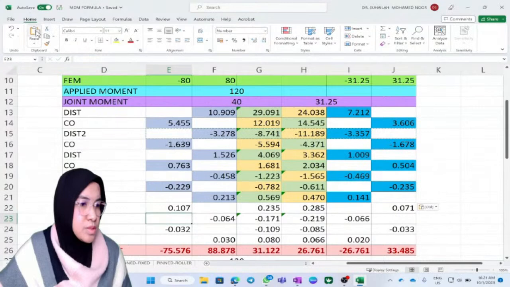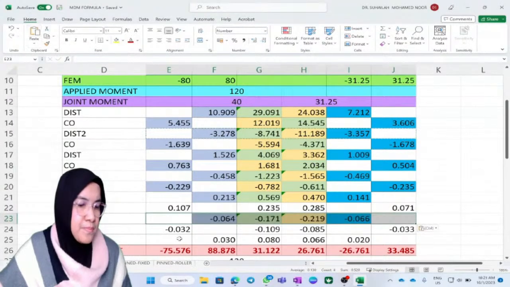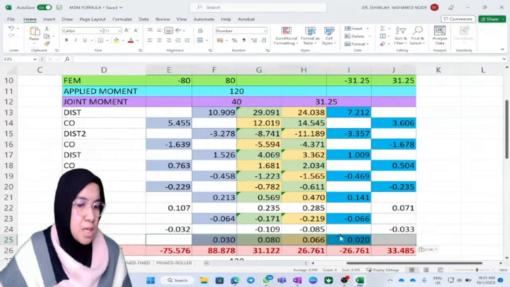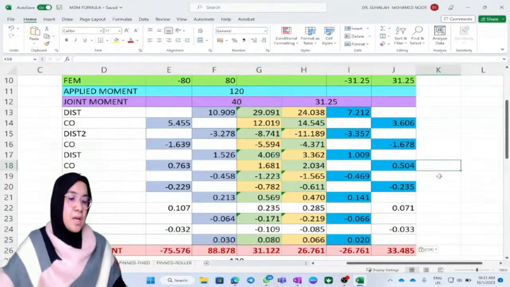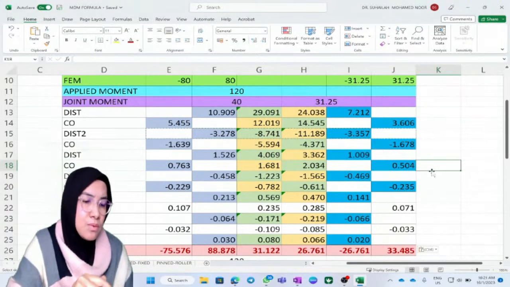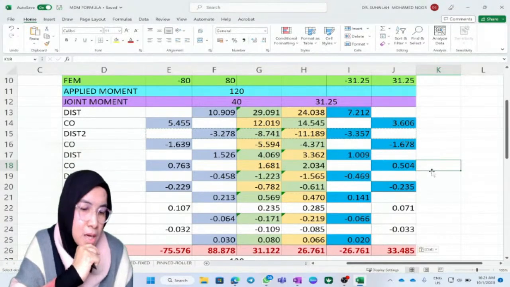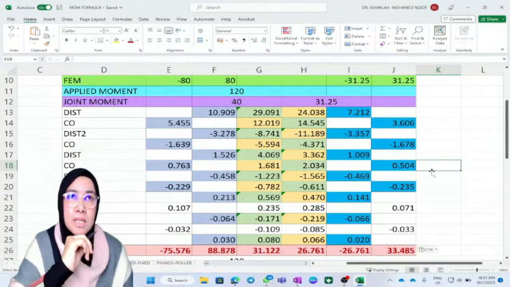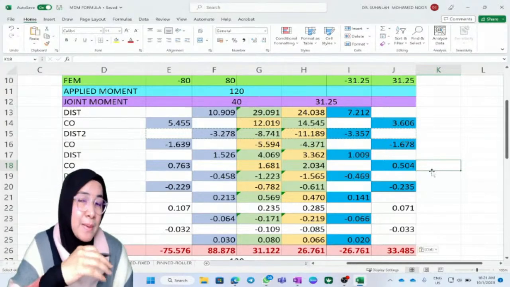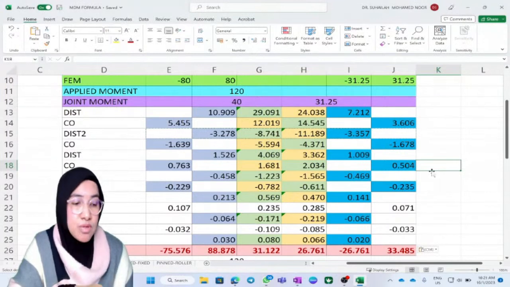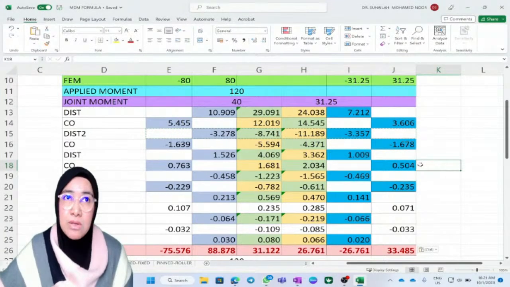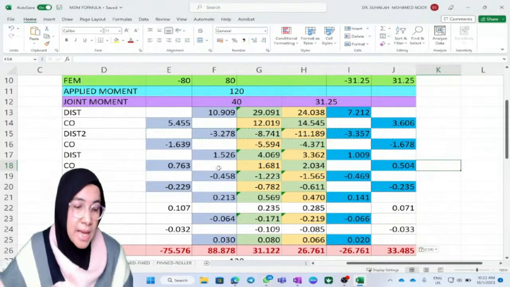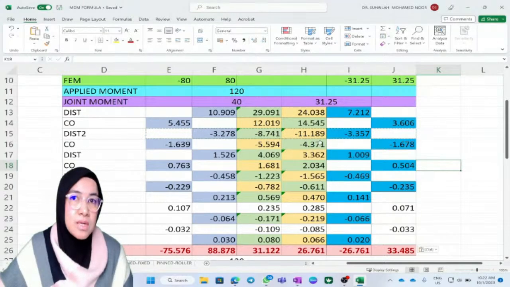Distribution 0.064 negative, so we get the same, 0.03. So this is right. Once we find the 0.0-something in the last distribution, it means that we have to stop the process, and we have to find the total moment.